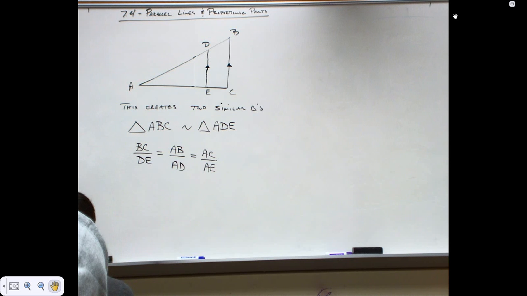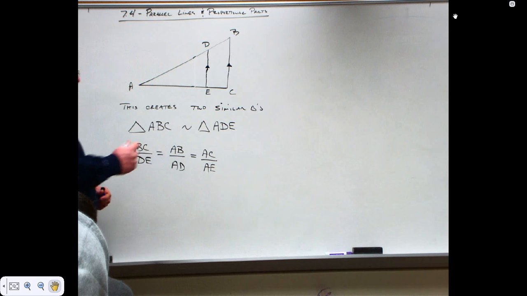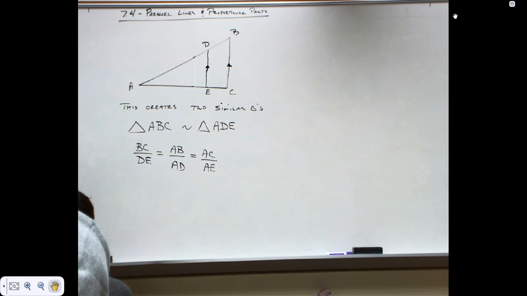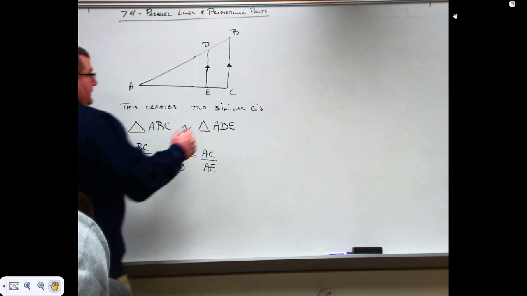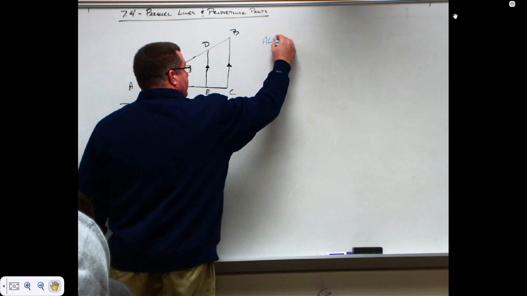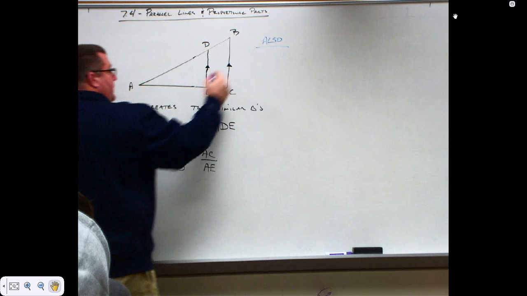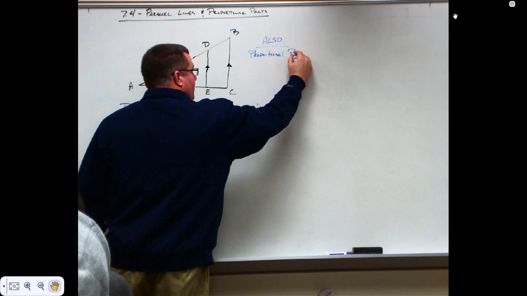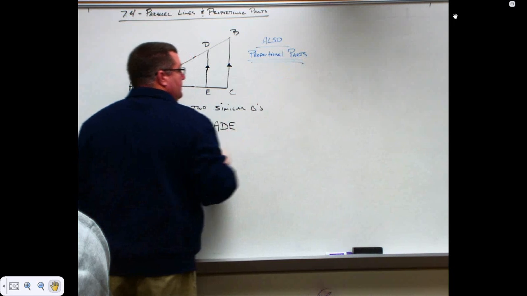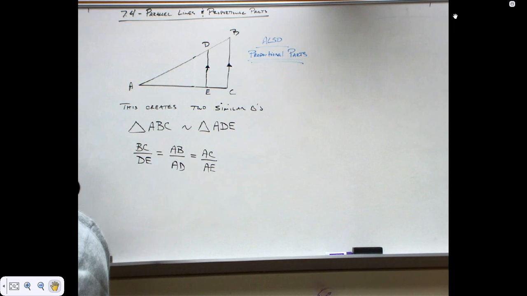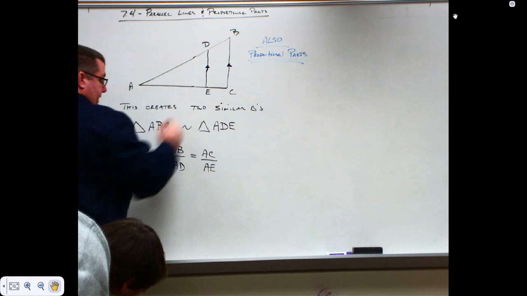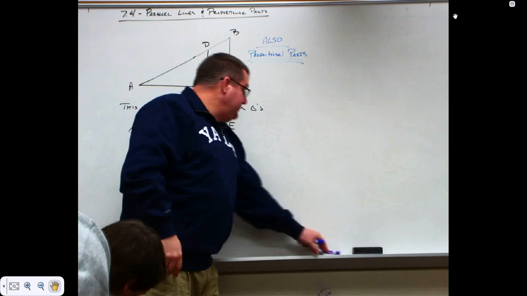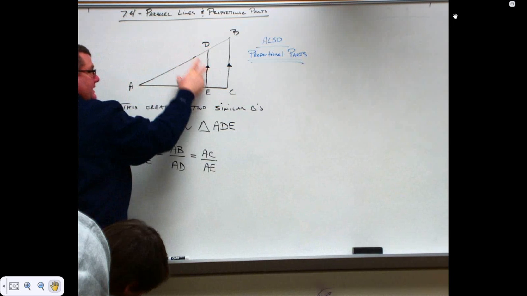Okay. Now, what's new here in this theorem is they say, because these are one triangle inside of the other, there's a set of proportional parts that's made. Also, this always happens. This is where the proportional parts comes from. Part, you think of part of something, right? Not the whole thing. What happens is this parallel line right here, if it's parallel to this side, will always cut this into proportional parts.